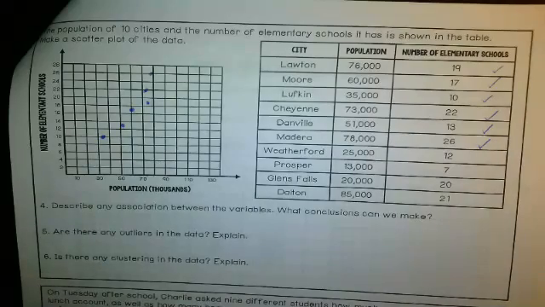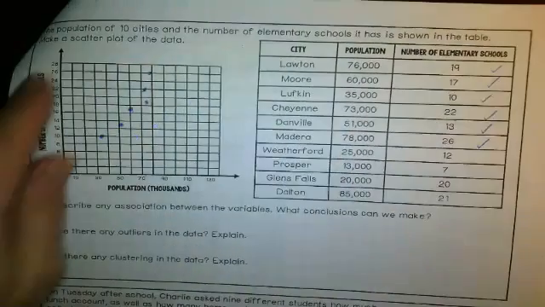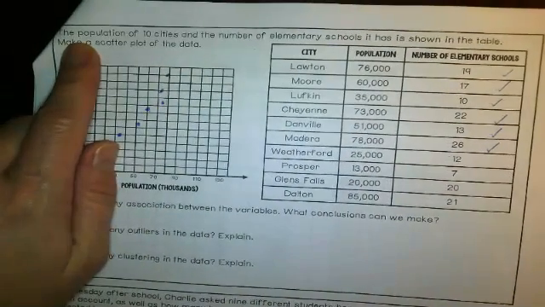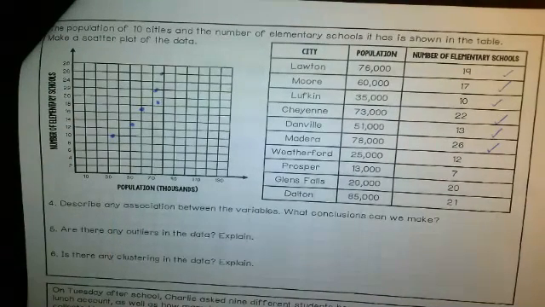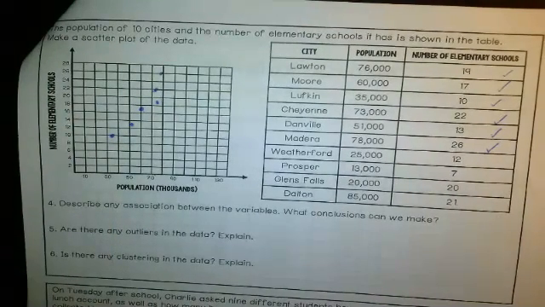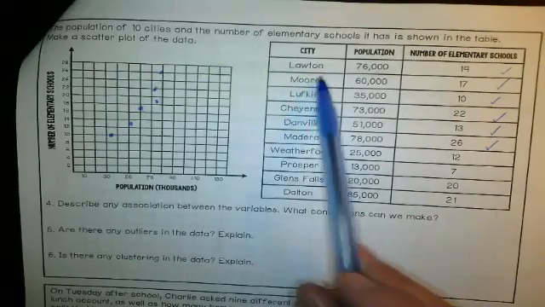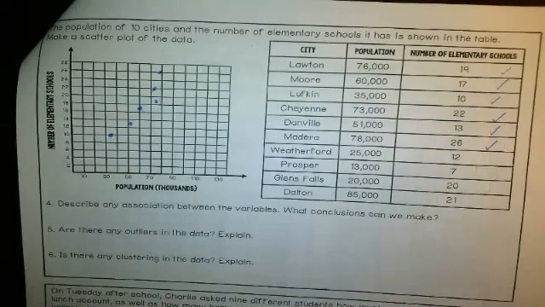So this story is talking about the population of 10 cities and the number of elementary schools it has, shown in the table below. So you have your city, the population, and the number of elementary schools. Make a scatter plot. What I did, and I think this is really important for you to also do, is as I plotted the points, I checked off that it was complete.